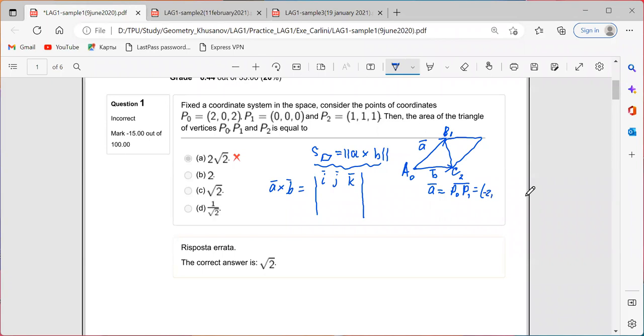Then 0 minus 0, which is 0. And 0 minus 2, which is again minus 2. So this is vector P0P1. We can consider vector B, and vector B will be the vector P0P2.